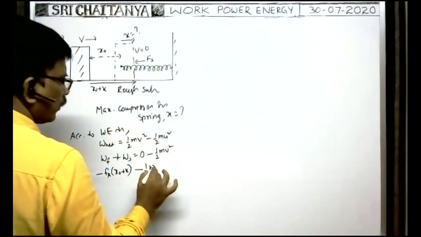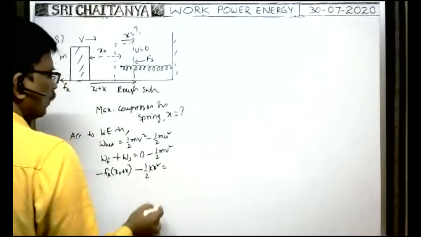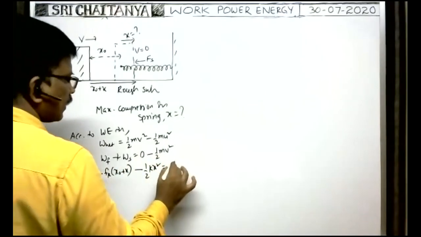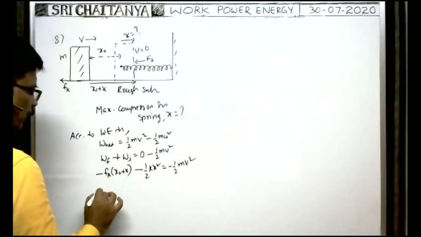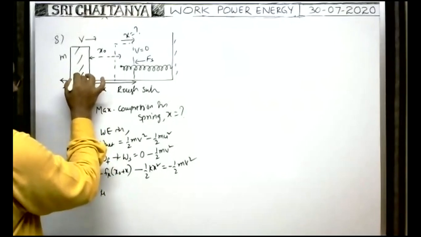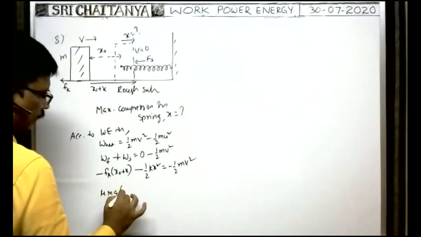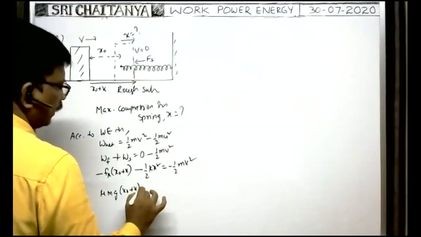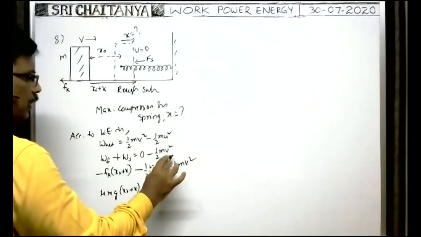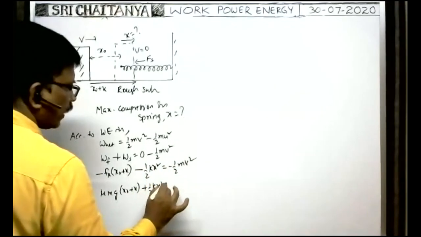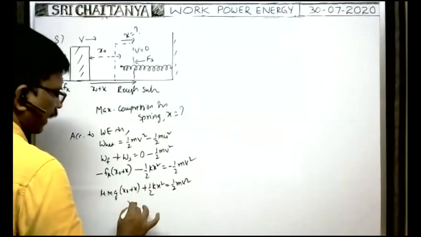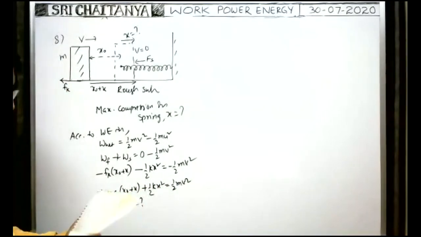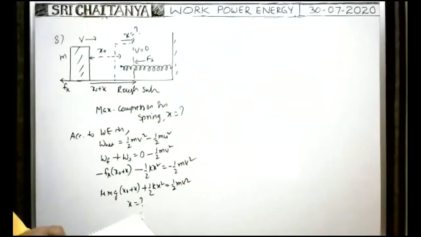This is equal to minus half m v square. Therefore the minus signs cancel. fk we can write as mu into the normal reaction on the block, mg, into x naught plus x. Here it is plus, as minus is taken common and minus minus cancels. So half k x square is equal to half m v square, plus mu m g into x naught plus x. Except x, all the remaining quantities are known, so we can calculate the x value. Writing this equation is very, very important. That is the answer. This is the way we have to do it.